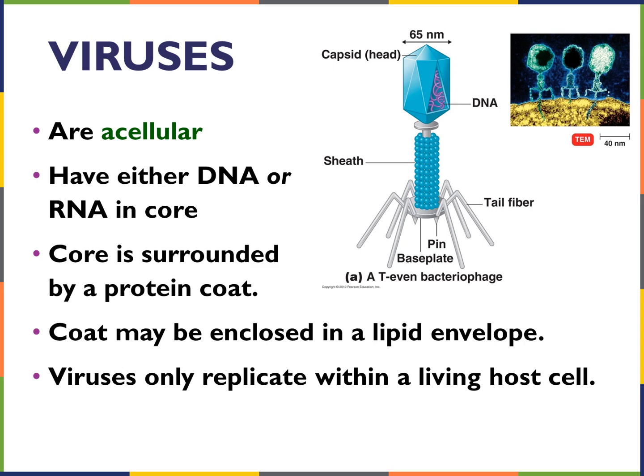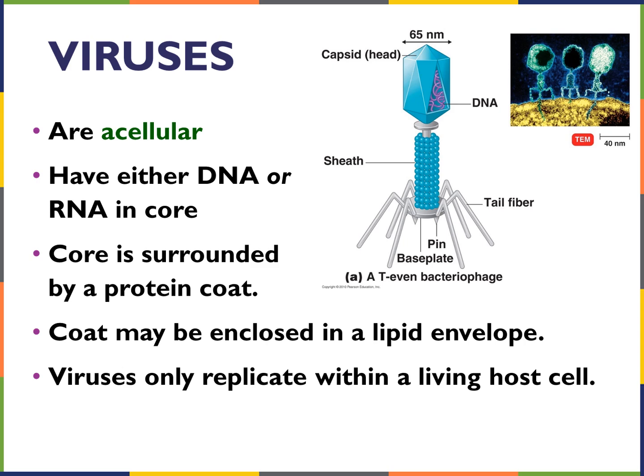But there are some viruses that have double-stranded DNA, like we do, but there are also some viruses that have single-stranded DNA. There are some viruses that have double-stranded RNA, which is, again, very unusual. But then there are some viruses that have the single-stranded RNA, like we do. Okay, we'll talk more about genetic components of viruses when we get to the virus chapter.